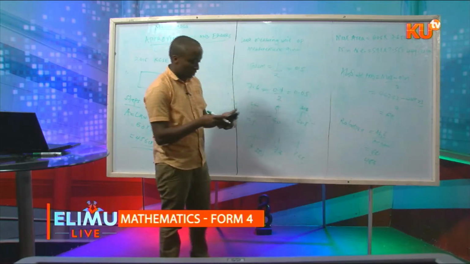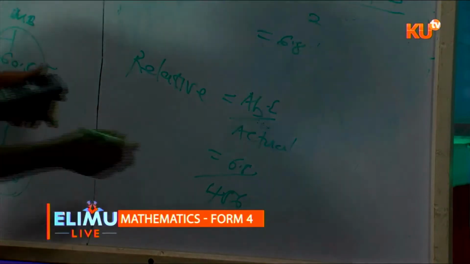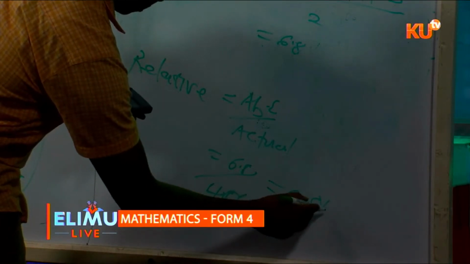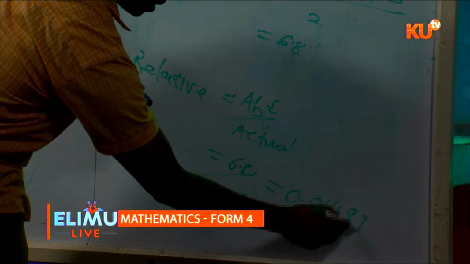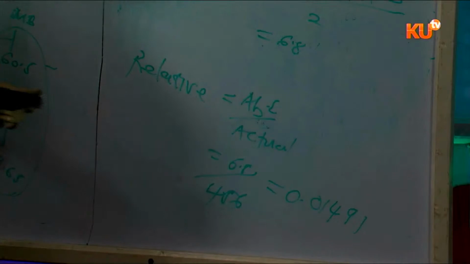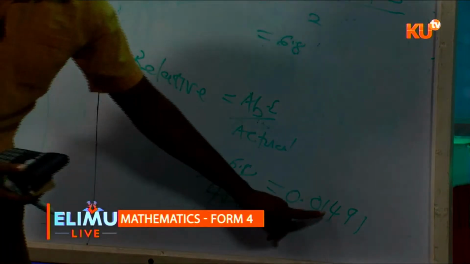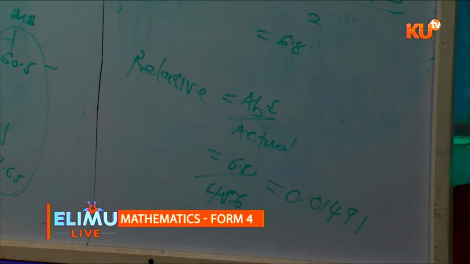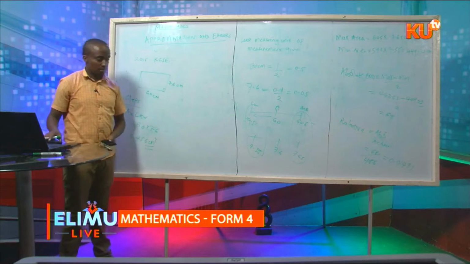So very simple, divided by 456, you get 0.01491. Just write it in 4 significant figures because that is the standard requirement. The leading zero is not significant, so 1, 2, 3, 4. Those are 4 significant figures. That was the question. That is what you were told to find.